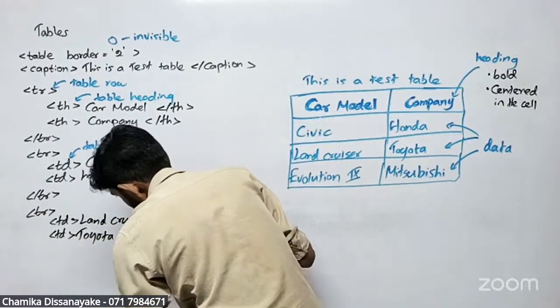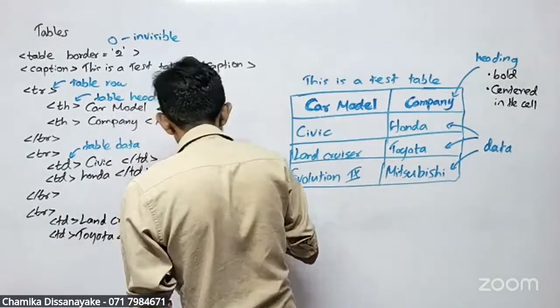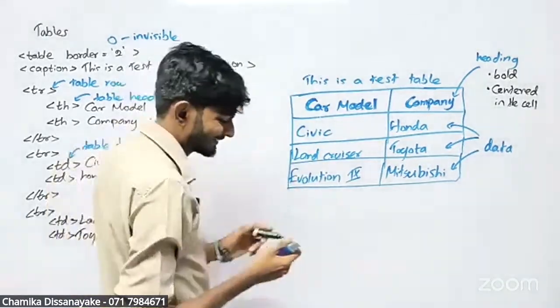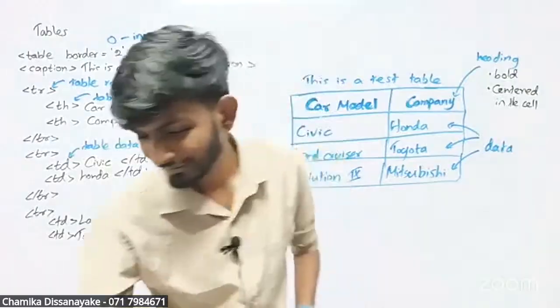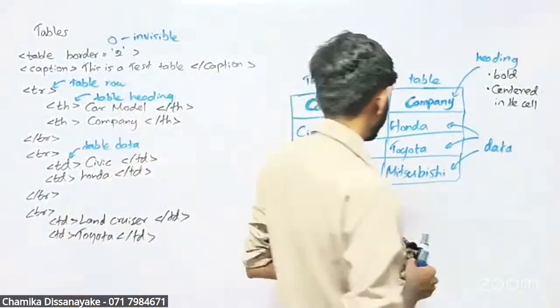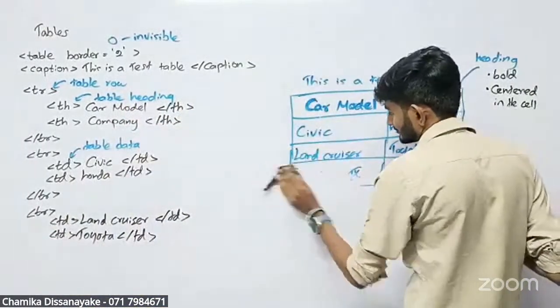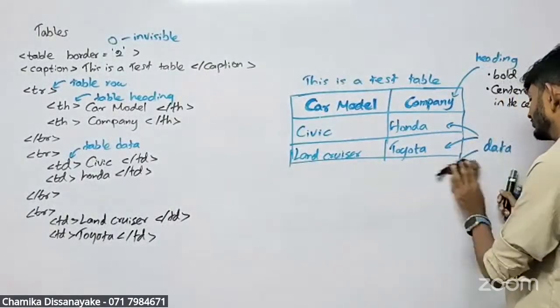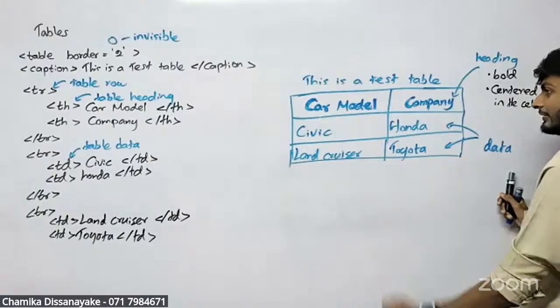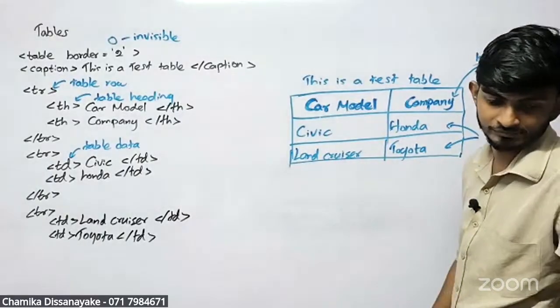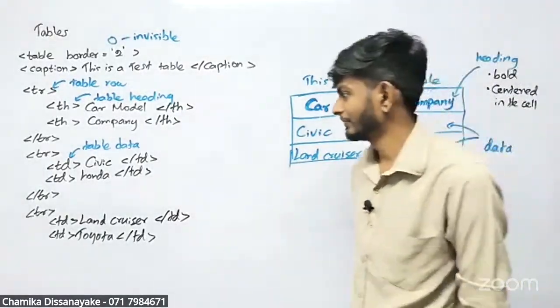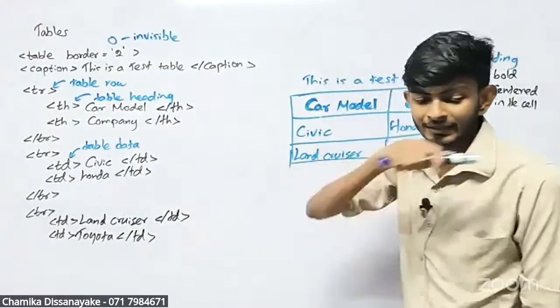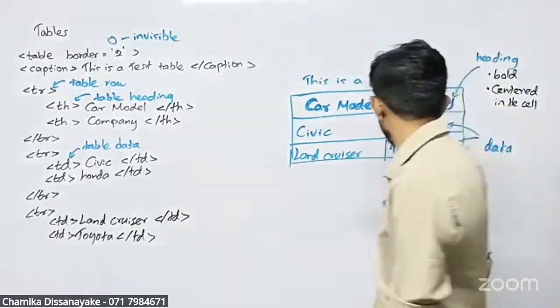Closed. Actually, I don't have enough space. Okay. So what I'm going to do, I'm going to erase this last one. You have to put that one in your notes. Okay. I'm going to erase that one because I don't have enough space. So we are in here.